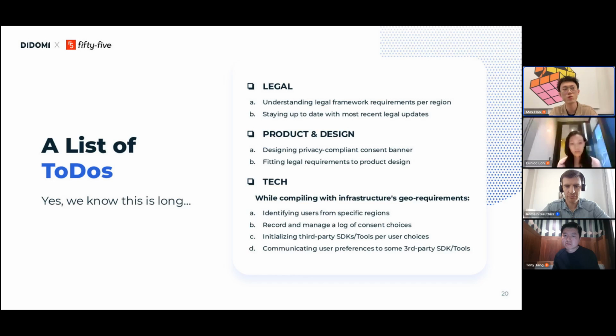And then we come to the tech aspect of it, which means that all your infrastructure has to be based as per your legal requirements. So as for GDPR, it requires your infrastructure to be stored and hosted within the EU region.